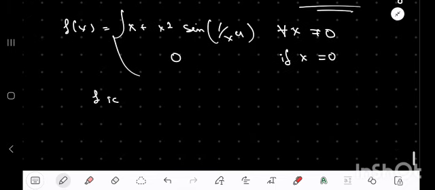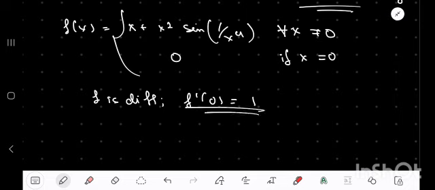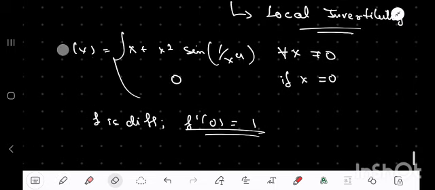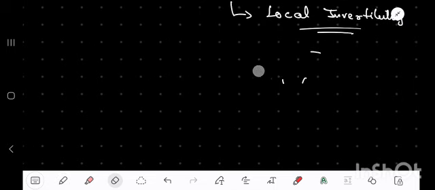You can check that f is differentiable. f prime of 0 is 1, but you will see that f is not increasing on any open set containing the origin. Fine. This continuous differentiability is important to observe.